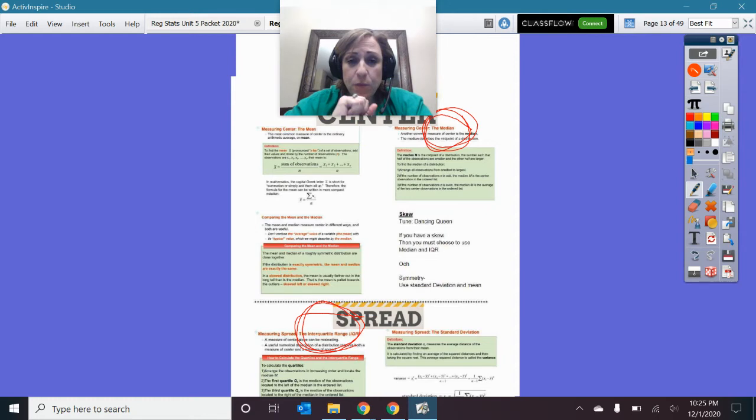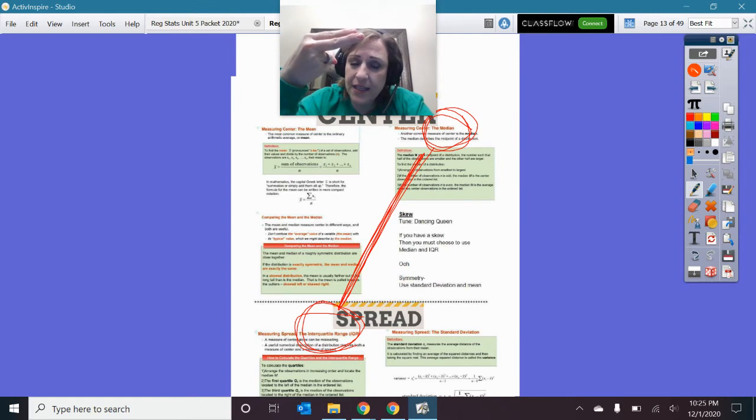So median and IQR go together. If you're going to tell me about the median, then the spread that's appropriate to use is your IQR. Median and IQR, they're part of the same family.